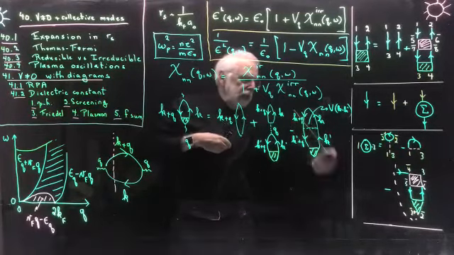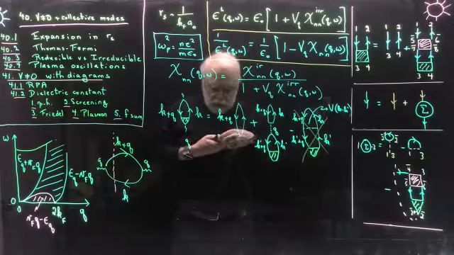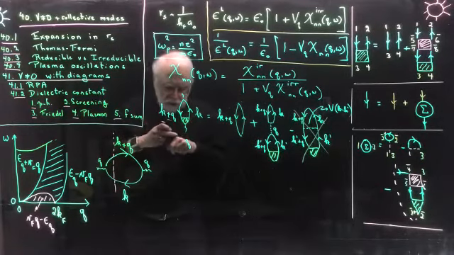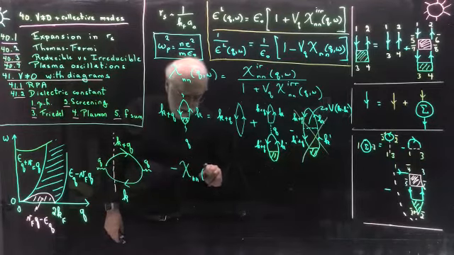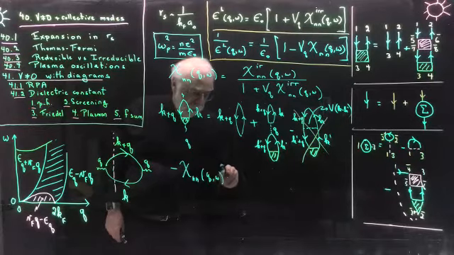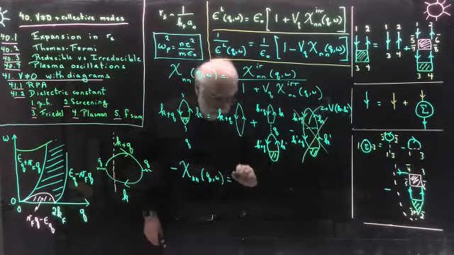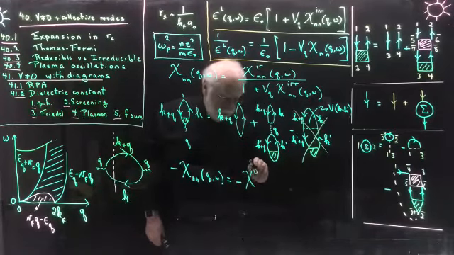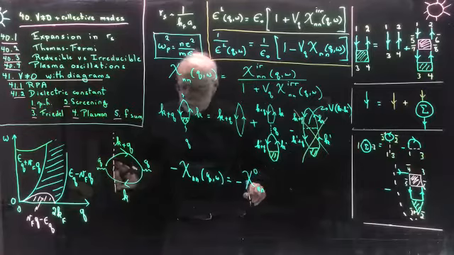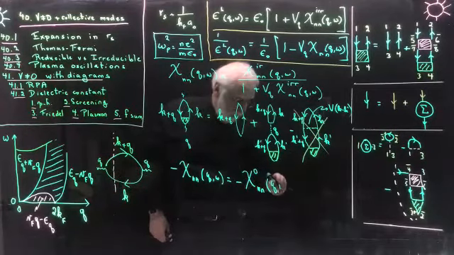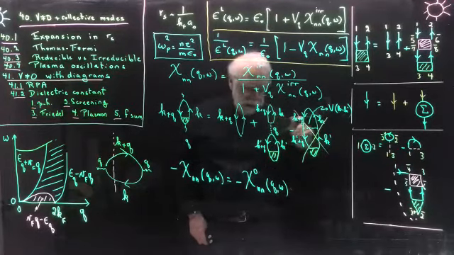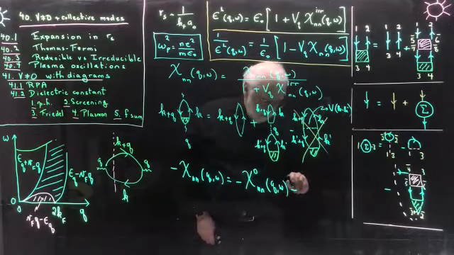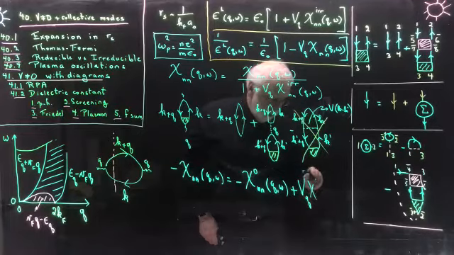So if we do that, we neglect this. Then remember that this was minus chi. So minus chi_n of q and omega is equal to minus chi_0n, that's the Lindhard function that we computed, of q and omega. And here I have two minus signs, one for this, one for that. So that's plus V_q times the chi_0n.